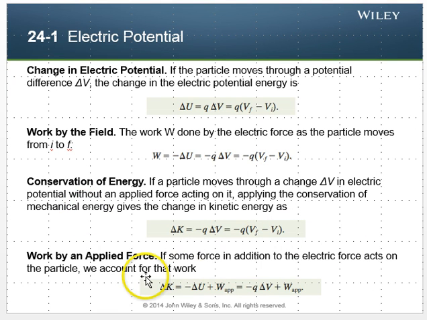So if we add it all up, change in kinetic energy is minus the change in potential energy plus any work that's done by an applied force, right? Pretty standard conservation of energy, much like what we did last semester with mechanical energy. And that's because part of this is mechanical energy, and we're just now generalizing potential to include electric potential.